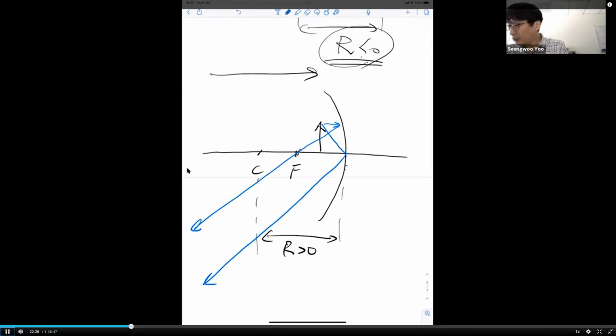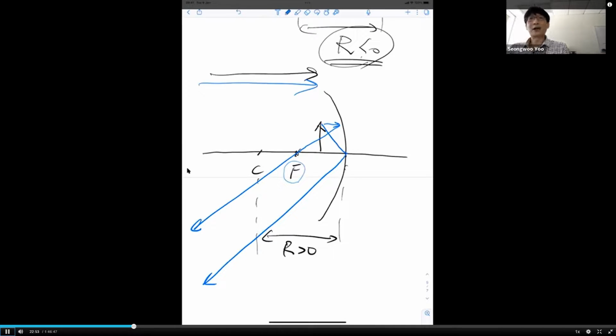Now I want to draw the incident ray through the focal point, but the focal point is behind the object. I might be tempted to draw it like this, but this is wrong because light travels left to right, according to the sign convention. Therefore, what I'm going to do is this.